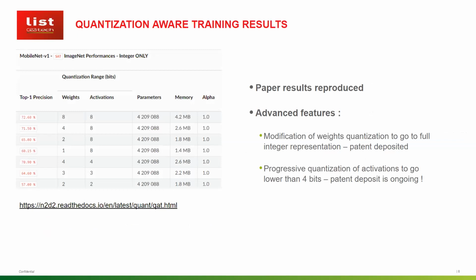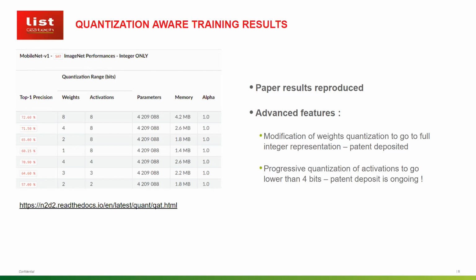So just to show you some results, which are actually also available in our documentation on the website, I added the link here. So you can see that for MobileNet, we applied the scale adjusted training, and we were able to reproduce the paper results.